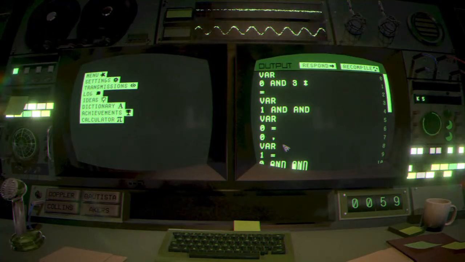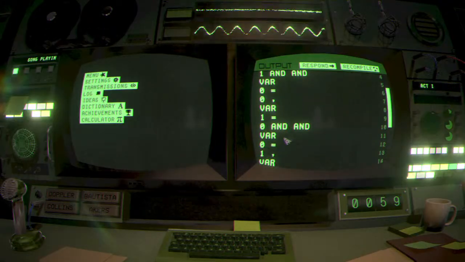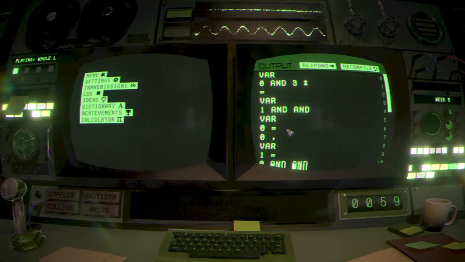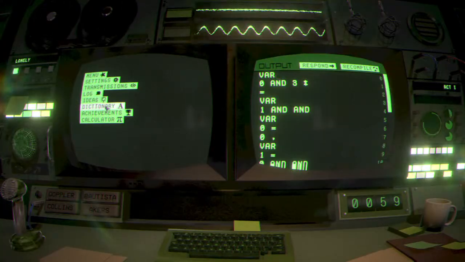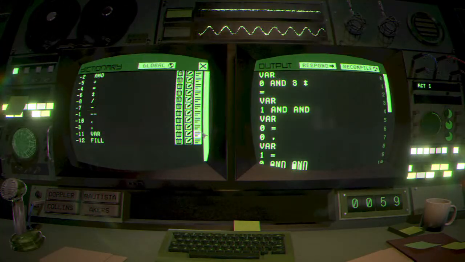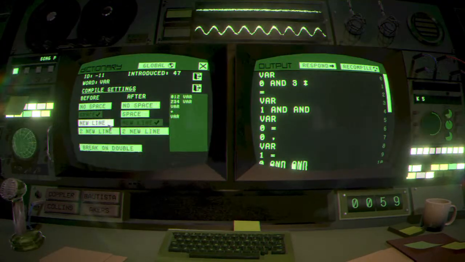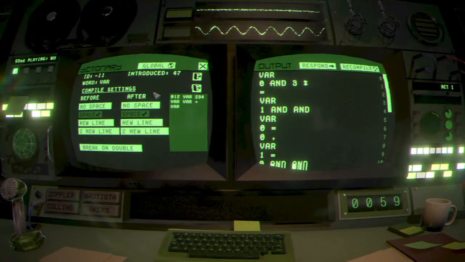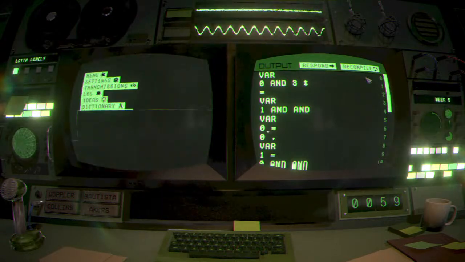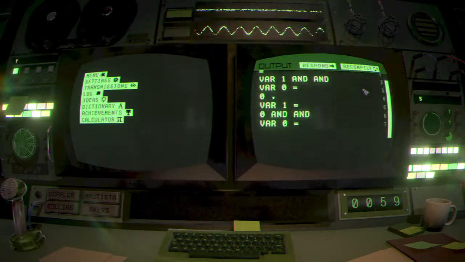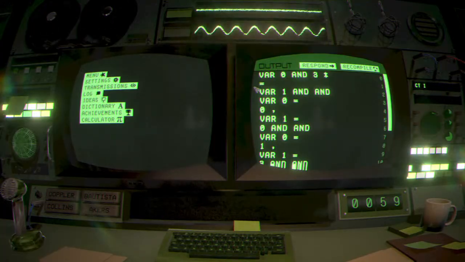I feel like I want the variable thingy to be on the same line, and maybe that'll help me visualize it better. Variable 0 and 3 multiplied together equals variable 1.